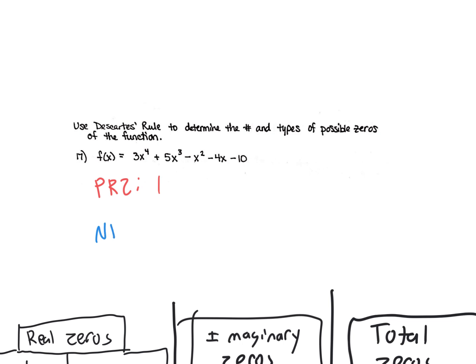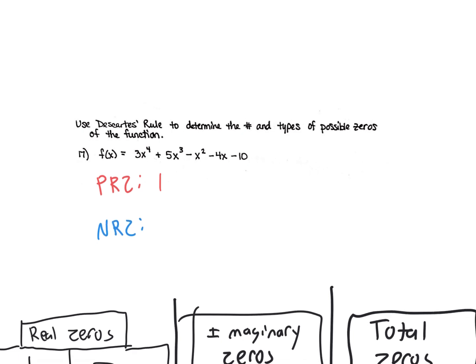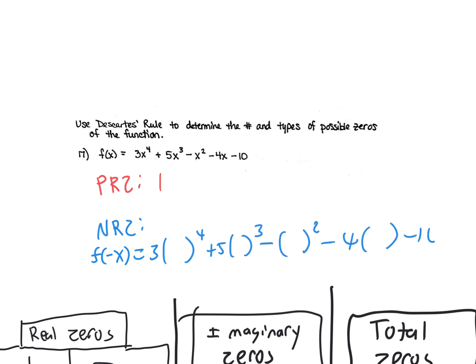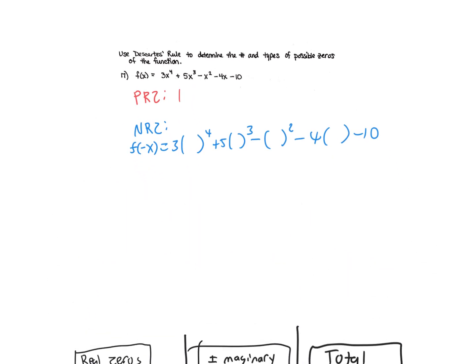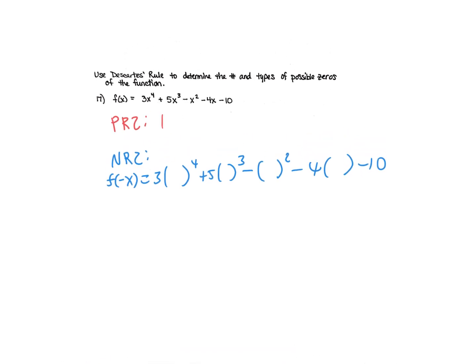Now, negative real zeros really have to do with what happens when you plug in a negative x for x. Okay, so let me just rewrite this with empty parentheses. I don't think I'm making any mistakes so far. And plugging in a negative x into that would give us the same thing over here.